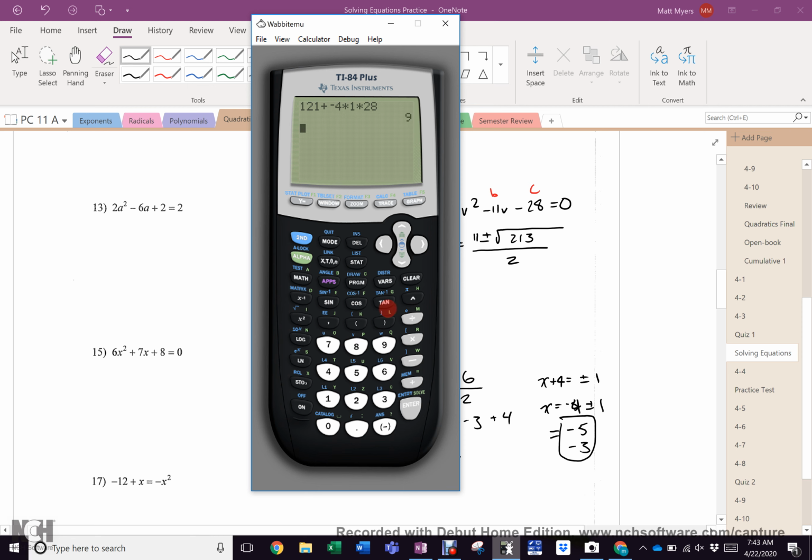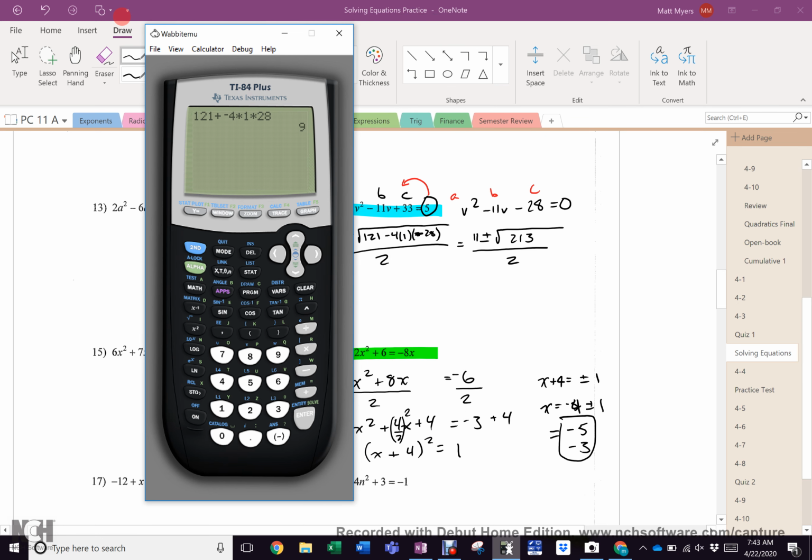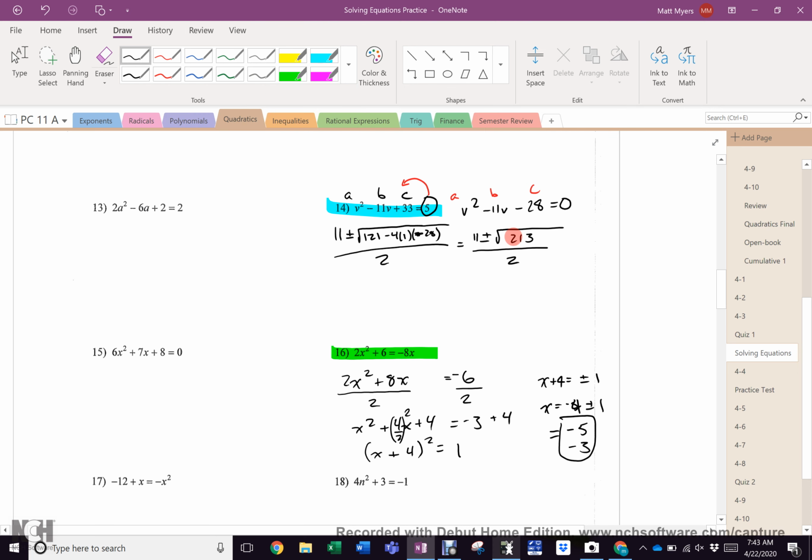Oops, see, somehow I screwed that up. Oh wait, it was negative 28, that's why. 121 minus 4 times 1 times negative 28. 233, huh? Dummy.